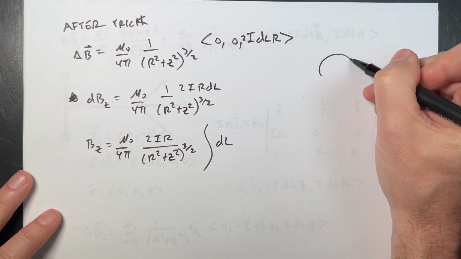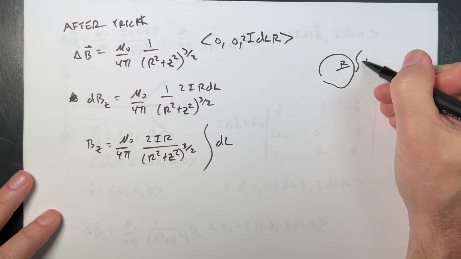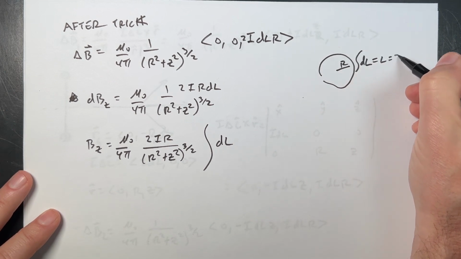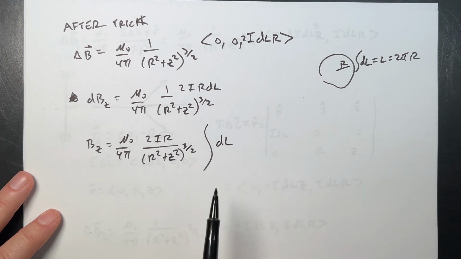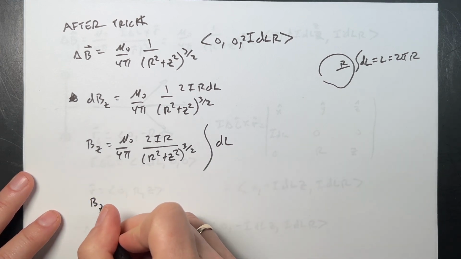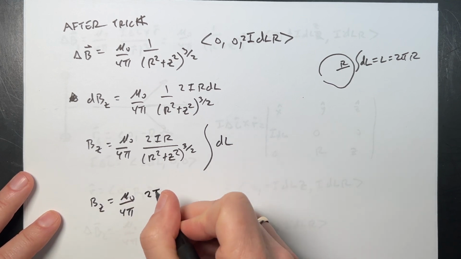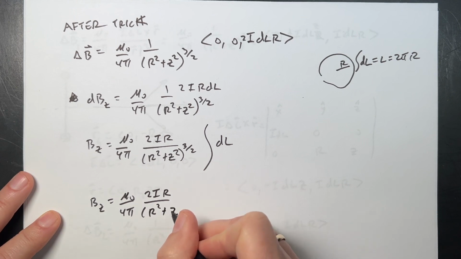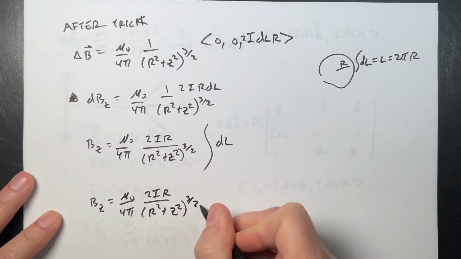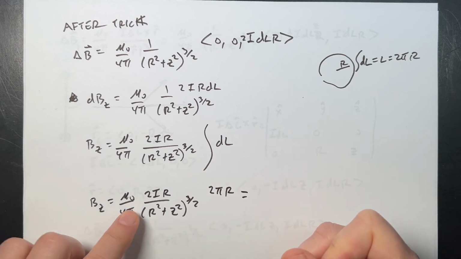If I have a circle with the radius r, the integral of dl is going to be L, which is 2 pi r. So Bz is mu naught over 4 pi, 2I r over r squared plus z squared to the 3 halves, times 2 pi r. And let's just simplify that.